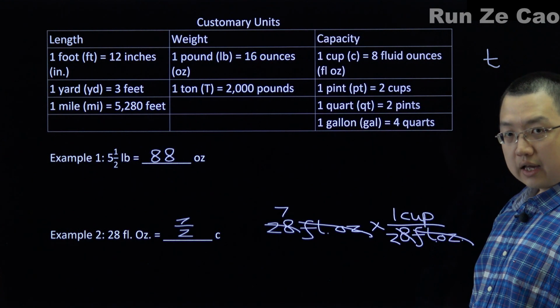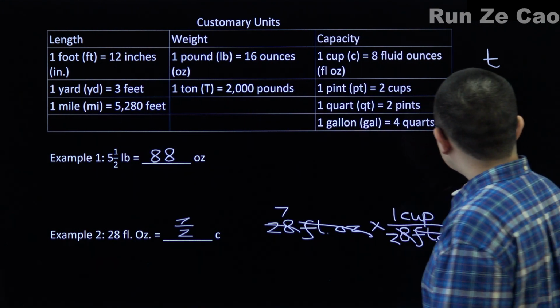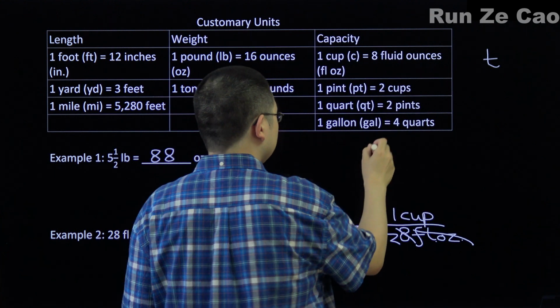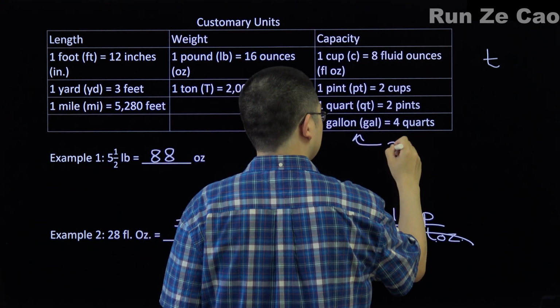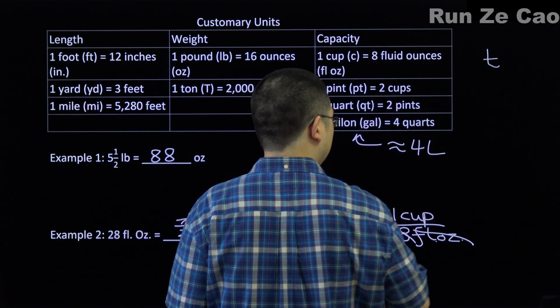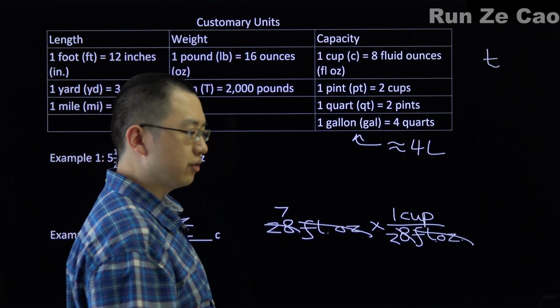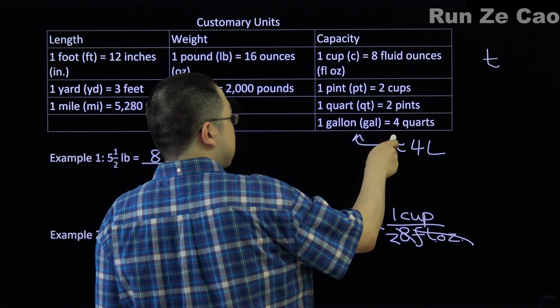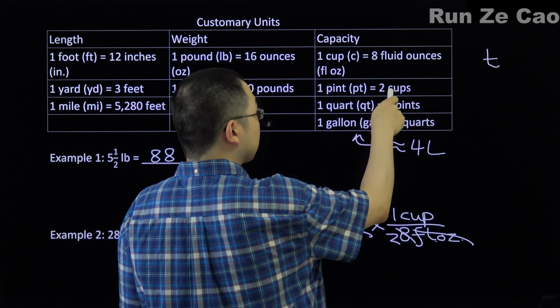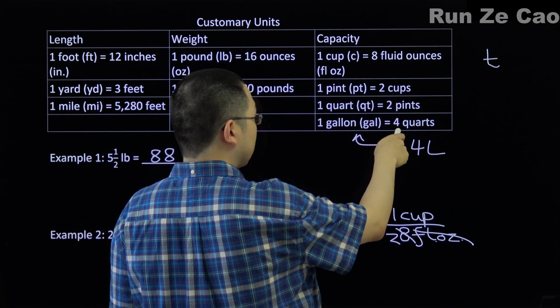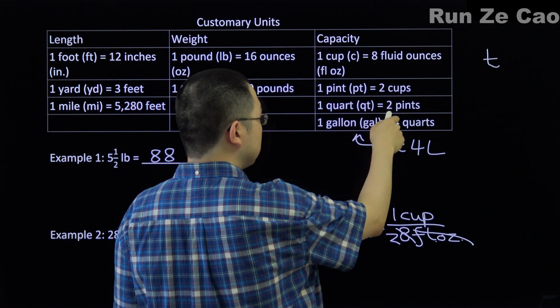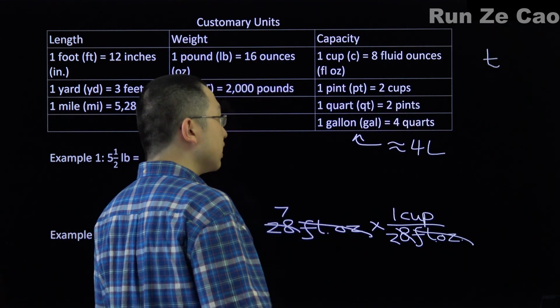I just told you guys earlier that a gallon is roughly 4 liters. Depending on where you are, it can be a bit more or a bit less, depending on what sort of gallon you're using. But a gallon is 4 quarts, and a quart is 2 pints. What does this mean?